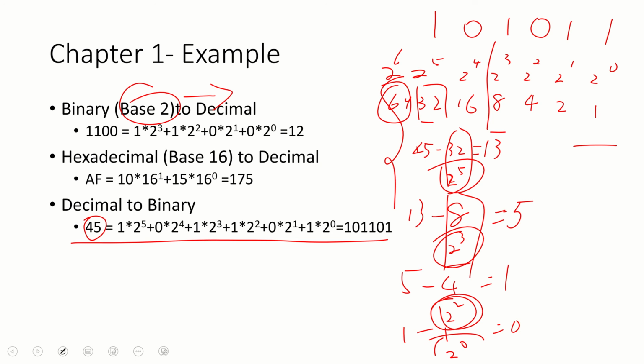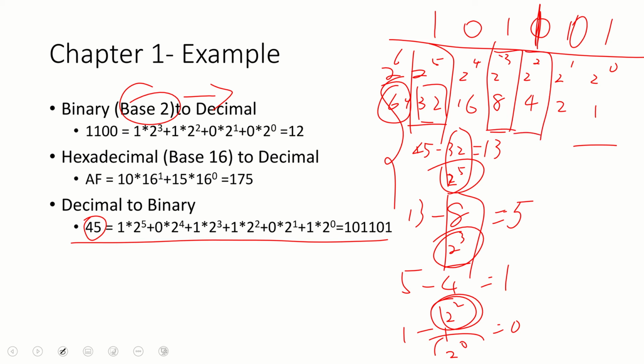Do we have 2 to the power of 4? No. Do we have 2 to the power of 1? No. So you have 2 to the power of 5, 2 to the power of 3, 2 to the power of 2 and 2 to the power of 0 marked with 1. So the result will be 1 0 1 1 0 1. This is this number.